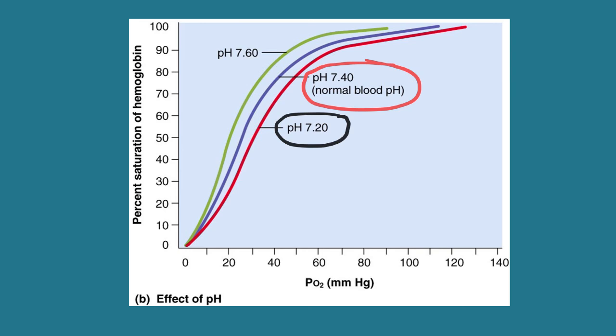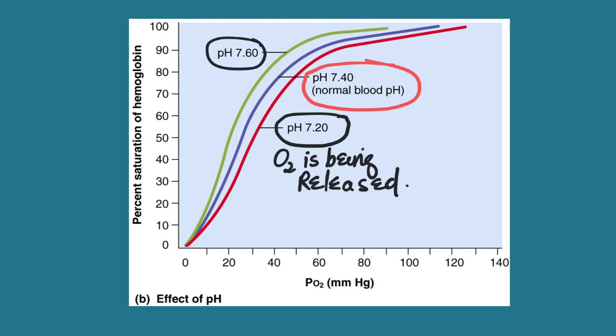So just by going with our rules, we'll say oxygen is being released, or dissociated. And anything to the left means oxygen is being held. Now let's see if that makes sense from a physiological point of view. Why is it that pH 7.2 is on the right side?